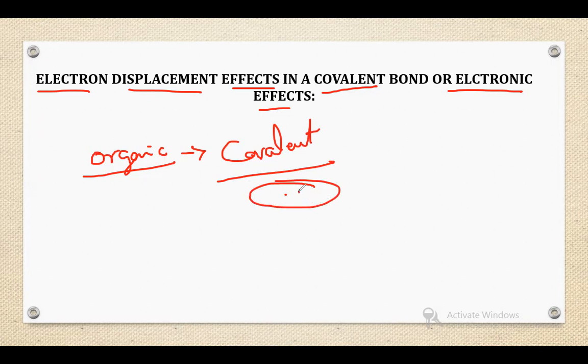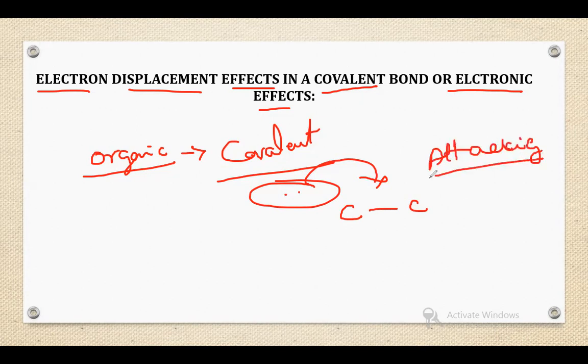Due to the formation of a covalent bond, the shared pair of electrons will displace, changing its position, either by displacing the electron from one carbon atom to another, or from one carbon atom to another group by itself, or by an attacking reagent, or by themselves.